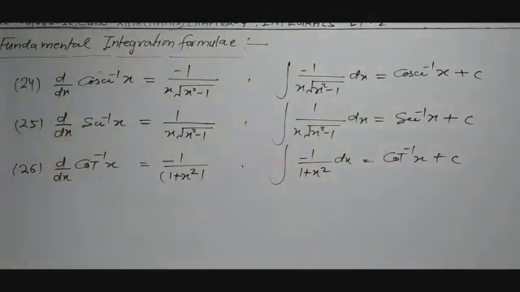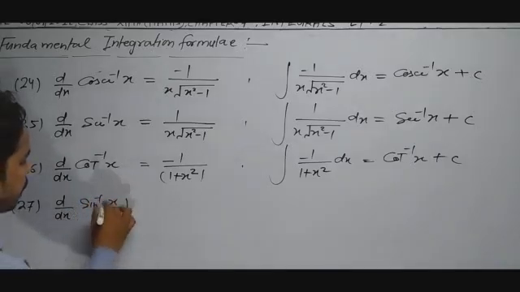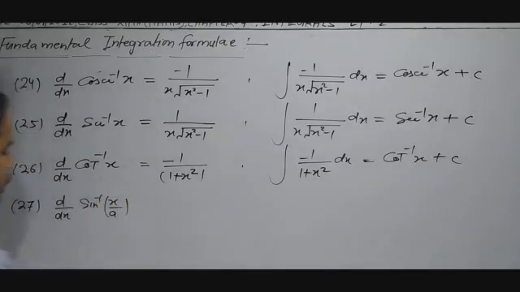Now come to formula number 27. Formula number 27 is similar to formula number 21. So d by dx of sine inverse x by a, where a is a constant.